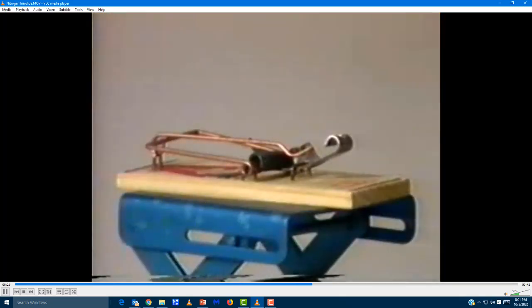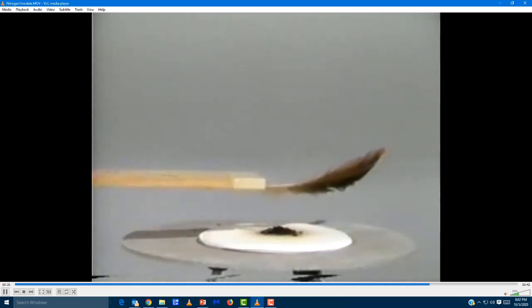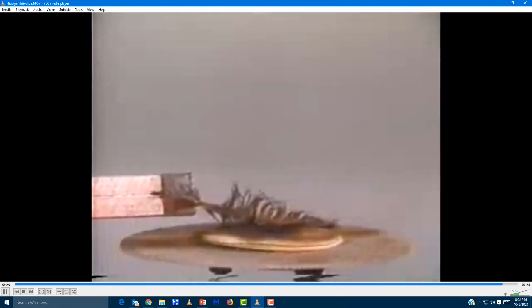It forms nitrogen and iodine. Like this mousetrap, which releases potential energy from the spring, the nitrogen triiodide releases chemical energy when it decomposes into its elements, nitrogen and iodine.